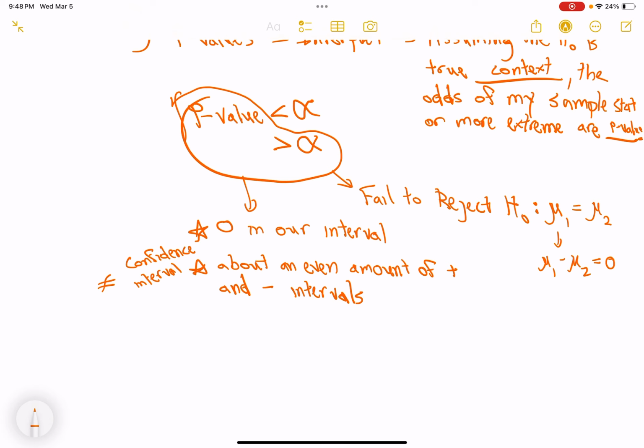What that means essentially is that 0 is in there, which means 0 is likely. So you would expect your intervals to dip into the negative and dip into the positive pretty equivalent times throughout all of the possible samples you might get, or at least all of the samples that actually capture the interval. So if it's a 95% interval, we would expect about 95% of those intervals to dip into the positives and the negatives an even amount of time across those two metrics.